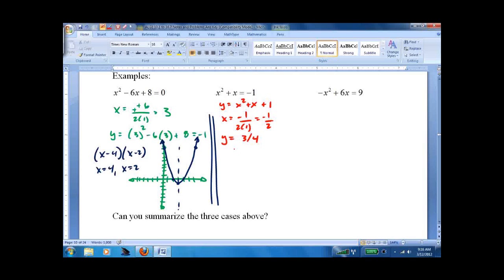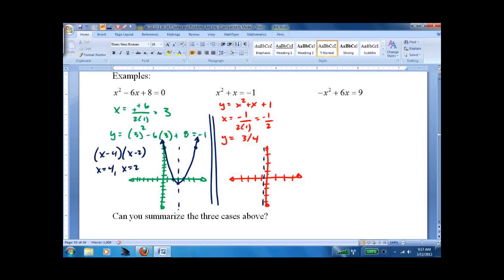Did that in my head. Probably want to use a calculator. And I go to my axis of symmetry, negative 1/2.